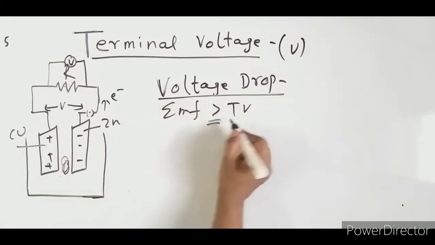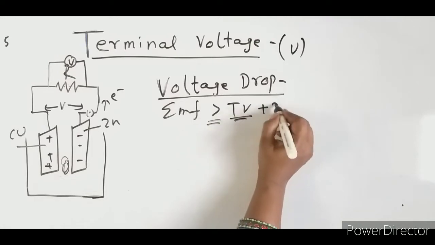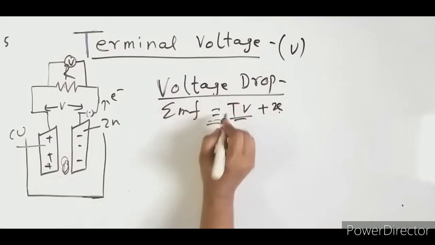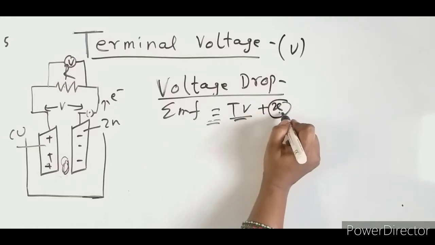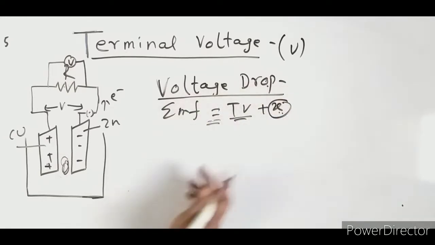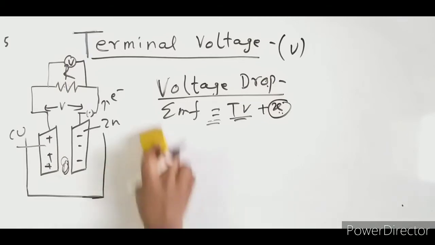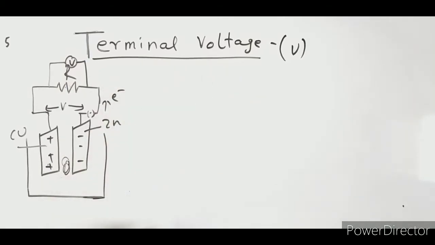This means terminal voltage plus X will be equal to EMF. Clear? That X is nothing but the voltage drop. So why does this voltage drop occur?